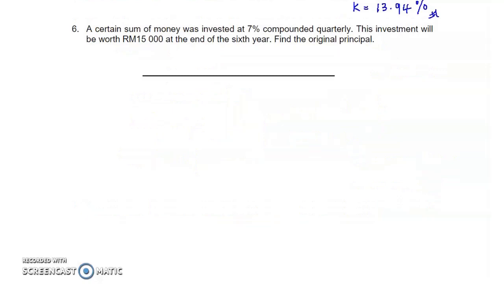Okay, now let's look at number 6. A certain sum of money was invested at 7% compounded quarterly. So the amount that we invest is actually value P. This investment will be worth 15,000 at the end of 6 years. So this is value S, the compound amount or future value, which is 15,000 at the end of 6 years. Find the original principal.